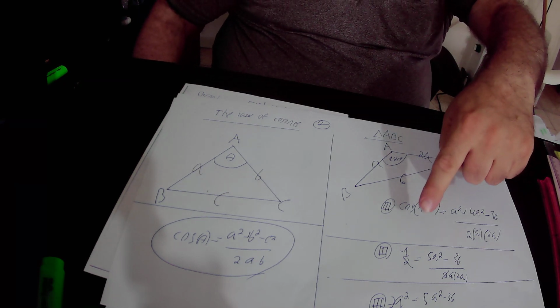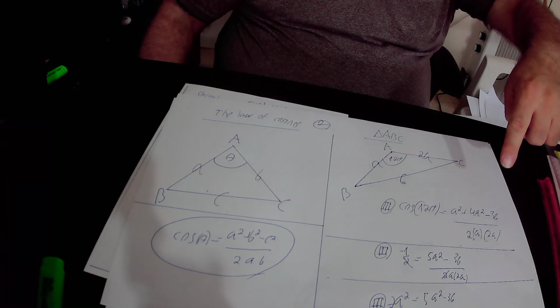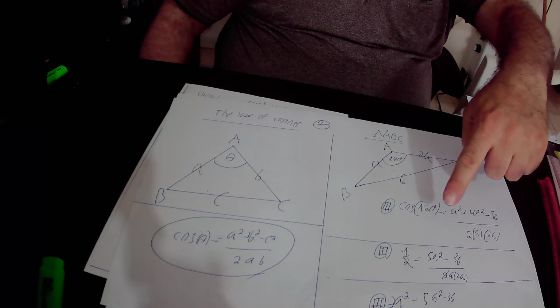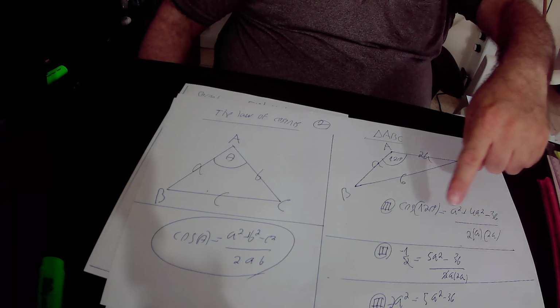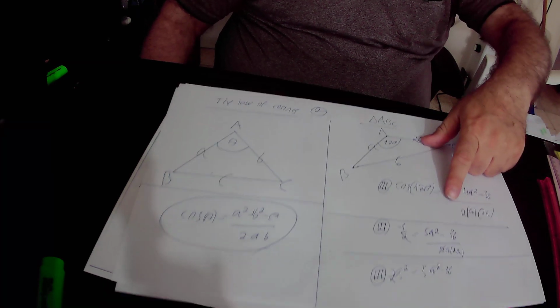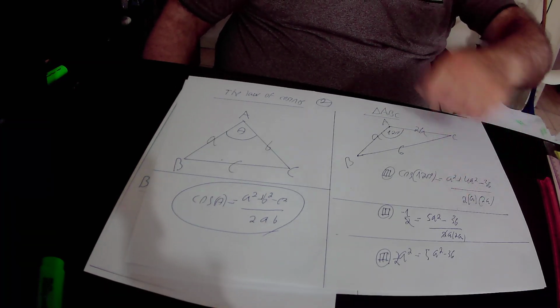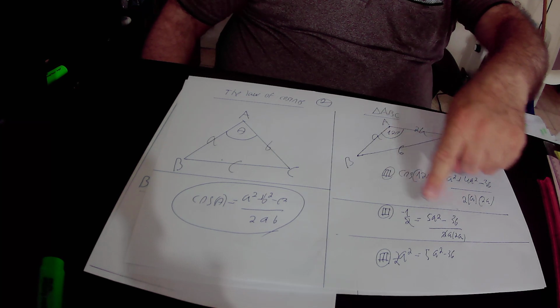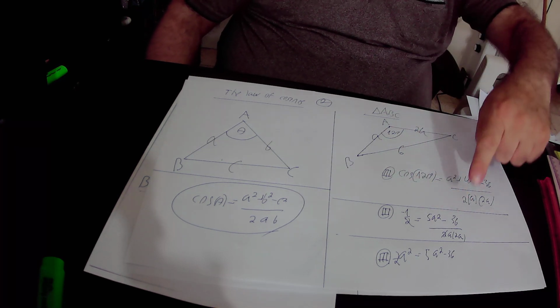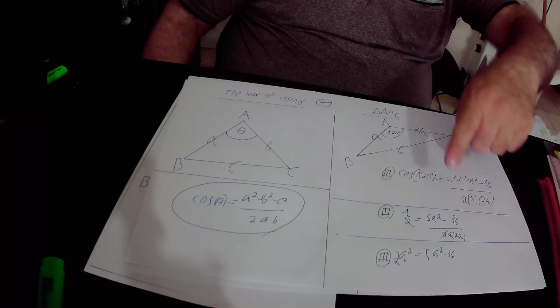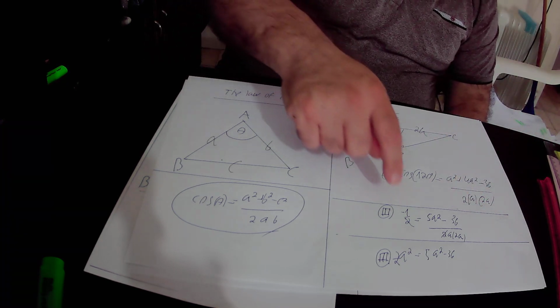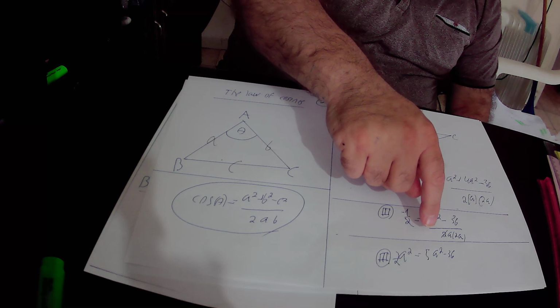Cosine 180 degrees equals minus 1 half. So a square plus 4a square is 5a square minus 36, equals 2a times 2a times minus 1 half. We multiply this equation by 2a square, and 2a square times minus 1 is minus 2a square, that is equal to 5a square minus 36.